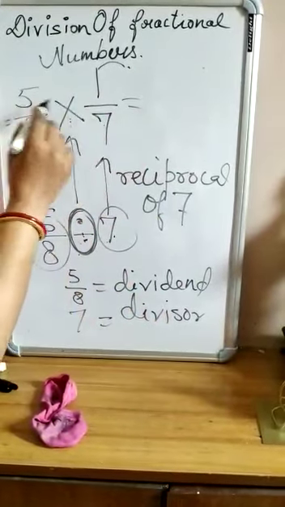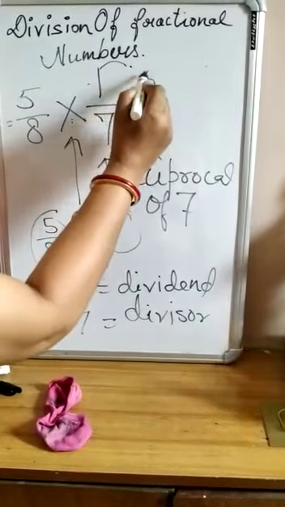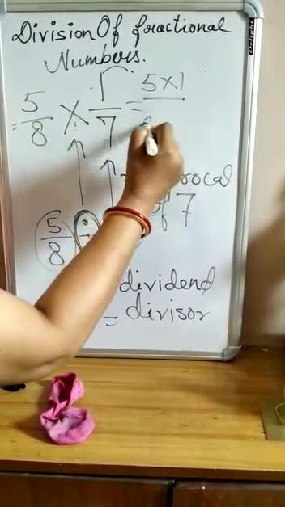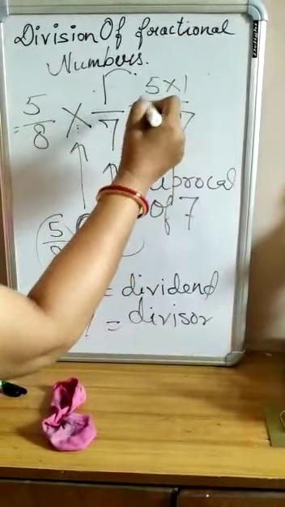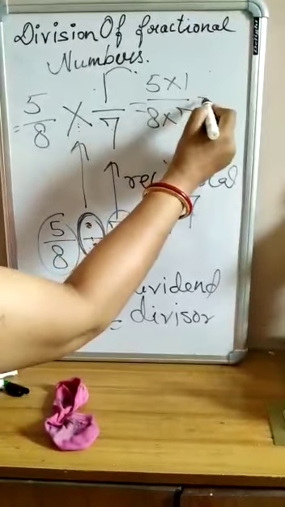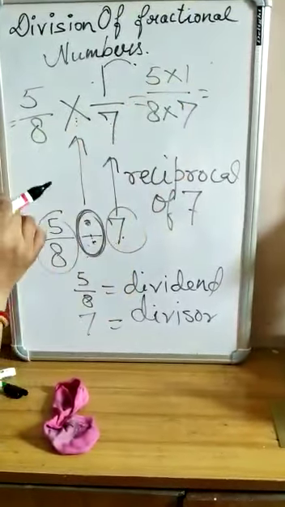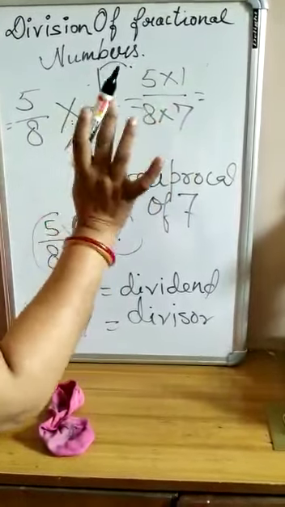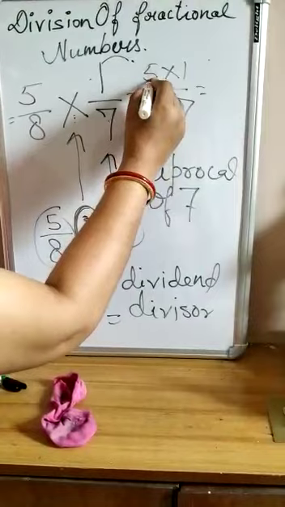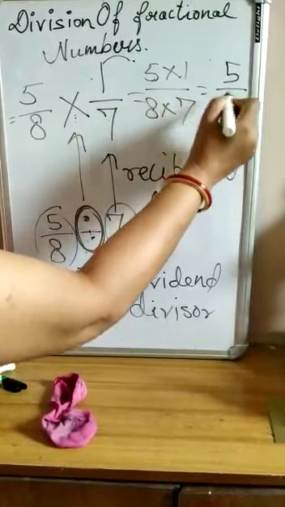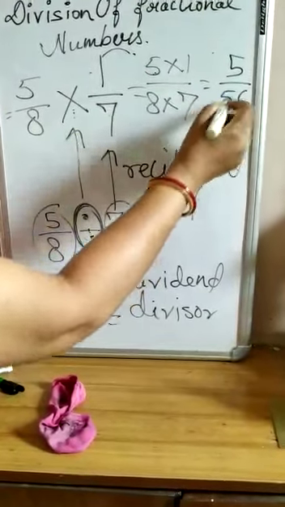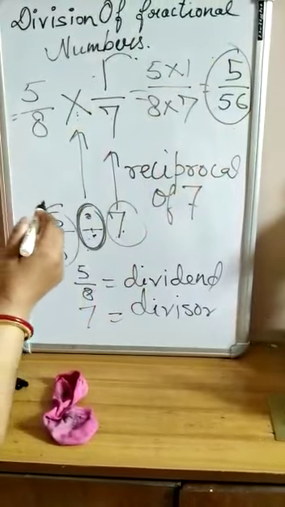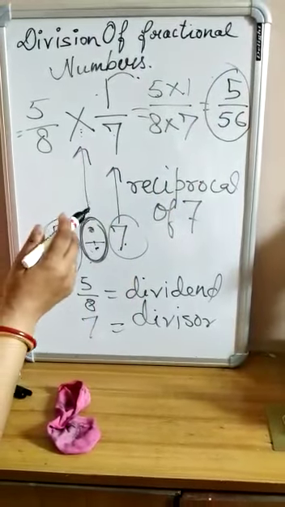Now after that, we do the multiplication. 5 into 1, numerator with numerator and denominator with denominator. Now here we see that there is no common factor. 5 and 7, there is no common factor between them. 8 and 1, there is no common factor except 1. Now we multiply. 5 ones are 5 and 8 sevens are 56. So here is the answer, 5 by 56 after division.